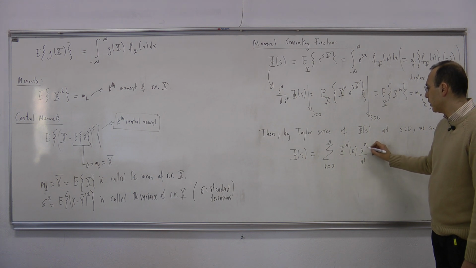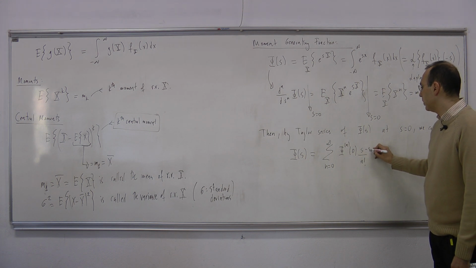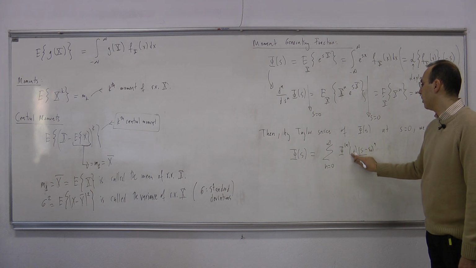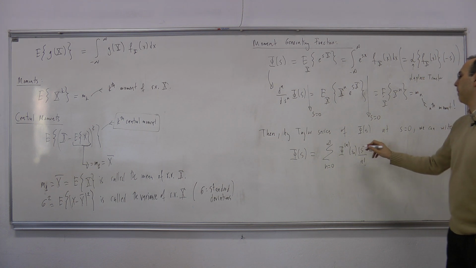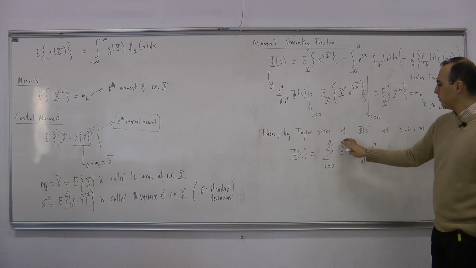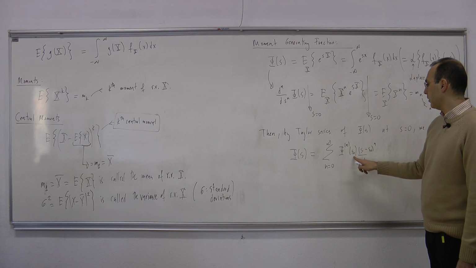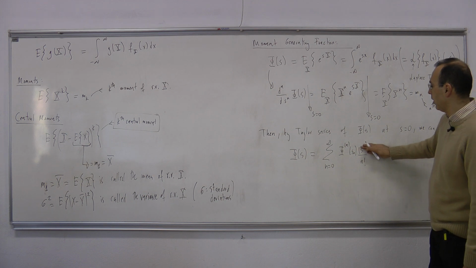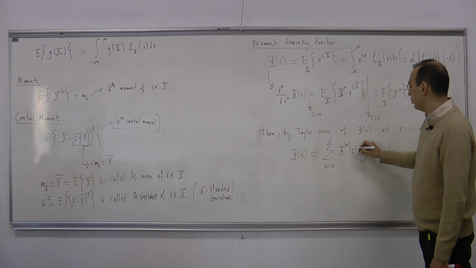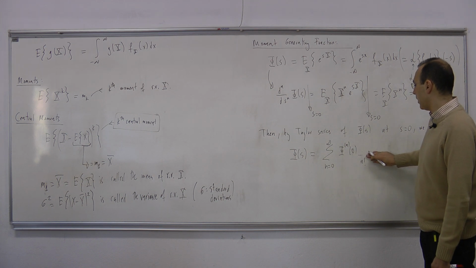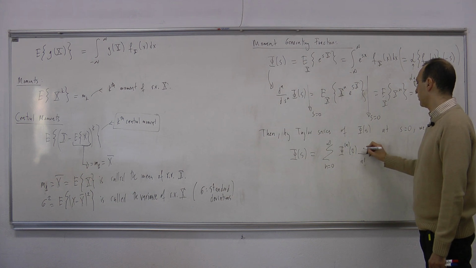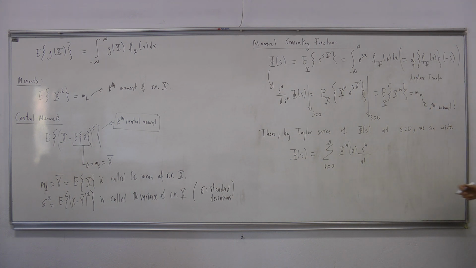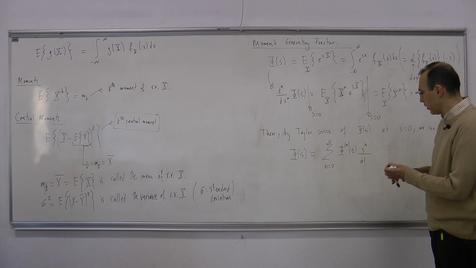Taylor series expansion at another point, maybe s naught, becomes this with s naught. So you evaluate the derivatives at s naught and multiply by this polynomial term, and you have an n factorial over here. But in our case, as you see, it is the Taylor series expansion at, let's say, s equal to 0. Okay, so if I do this, what do I recognize?